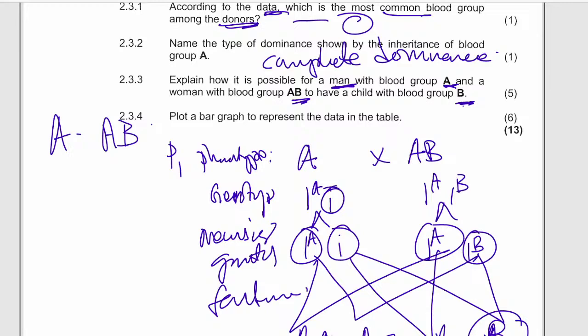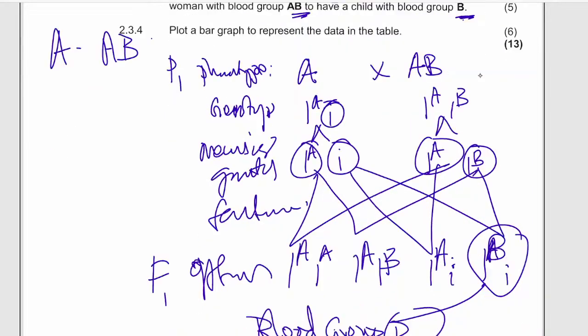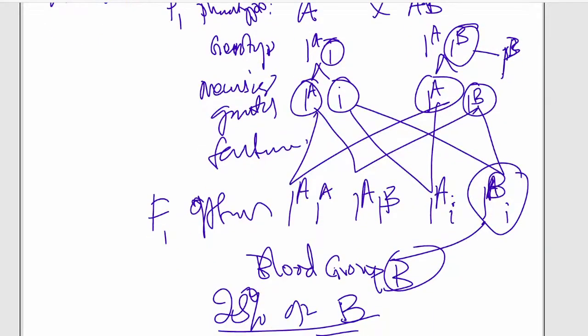The man, the father, who will give the recessive allele, while the mother with AB will give the child the dominant allele B. When they join, you form blood group B. So you can explain in terms of the genetic cross, or in writing form. Still, they will look for those points and mark you accordingly.